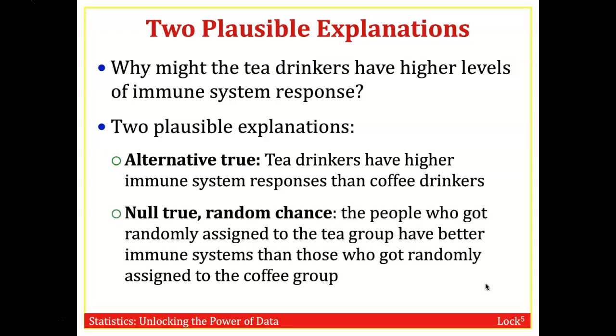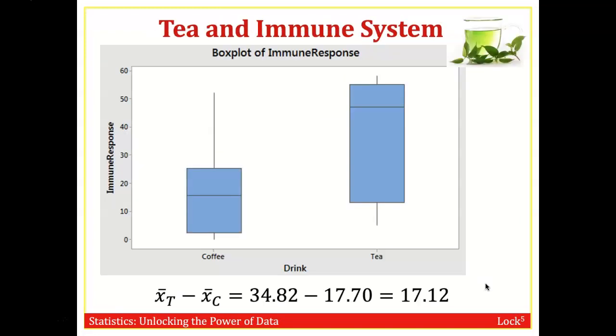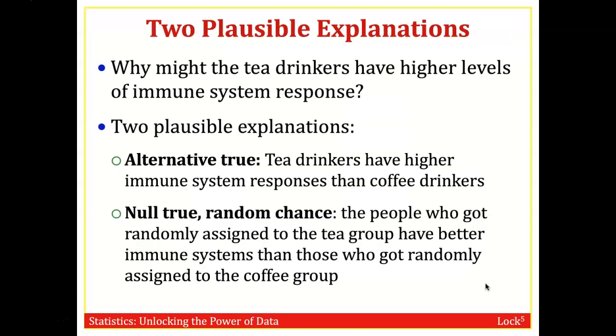The other plausible explanation is that the null is actually true, and all that we're seeing in this difference of 17.12 is random chance, that the people who got randomly assigned to the tea group just happen to have better immune systems, or somehow just random factors resulted in them having a higher average, just due to sampling variability. So we want to see if we can determine which is more likely in this situation. The null is true and this is just chance, or the alternative is actually true.